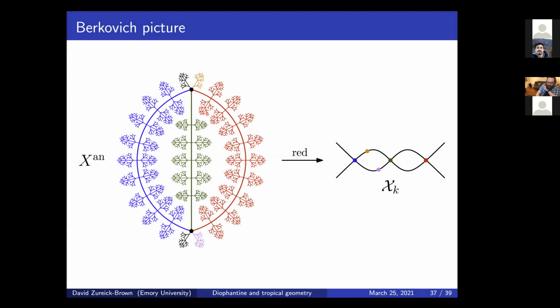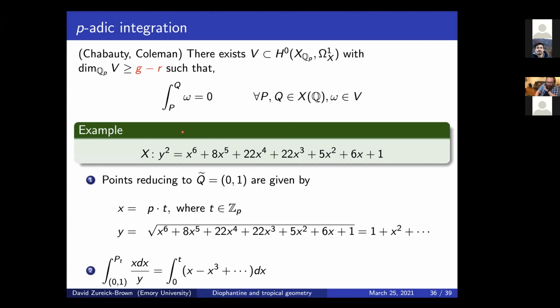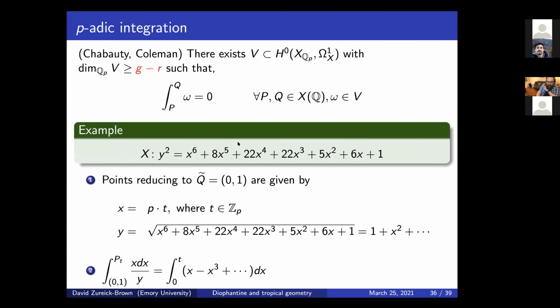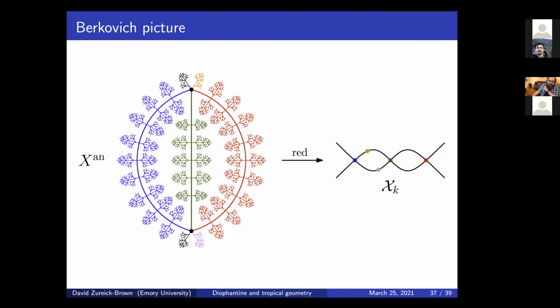So the idea of this theorem and the theorems that inspired this, due to Coleman, Stoll, and others, is when you embed X into this p-adic analytic object, the rational solutions kind of live up at infinity at the boundary of this picture.